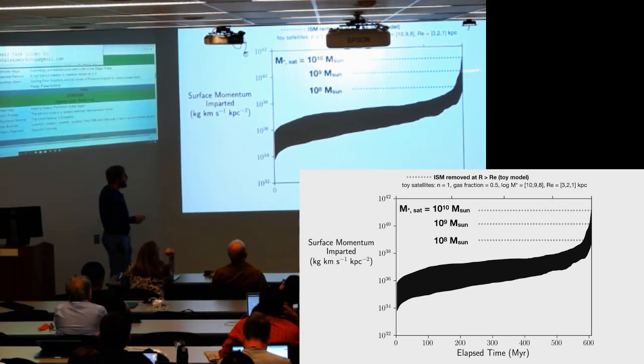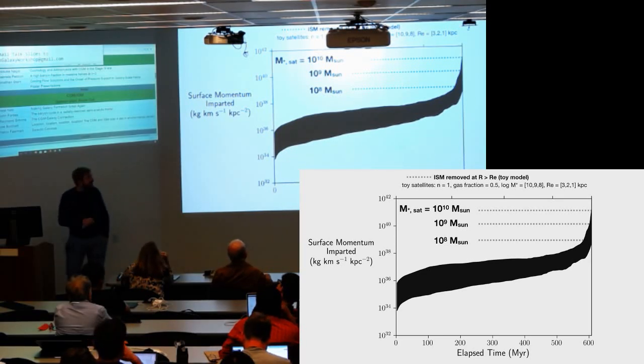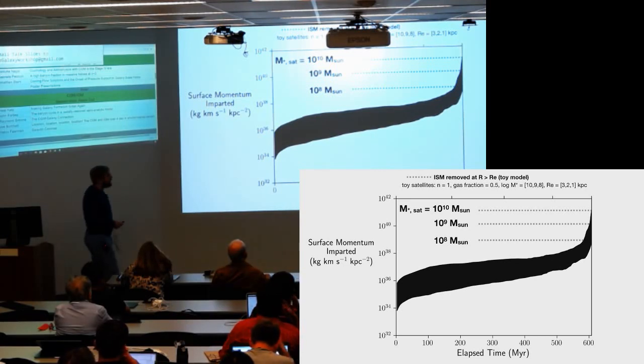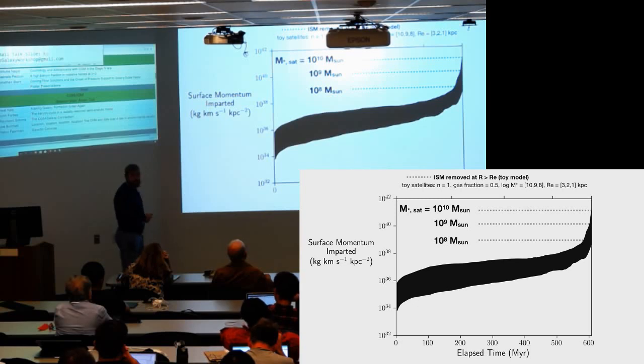Those are these dashed lines here. You can see that the momentum imparted in these last 50 million years is enough to remove the ISM in these toy galaxies beyond an effective radius, right? So this removes a substantial fraction of the gas.